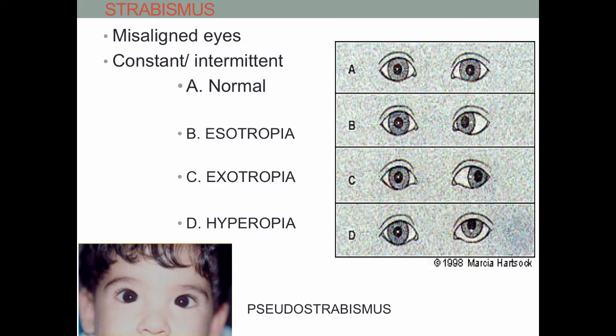And then D, hyperopia, it's below the pupil. The little boy's picture at the bottom is pseudostrabismus, and that's because he has what appears to be abnormal, but when you actually look at the corneal light reflex, that light reflex is exactly in the same place on both pupils. So it's pseudostrabismus, not strabismus.